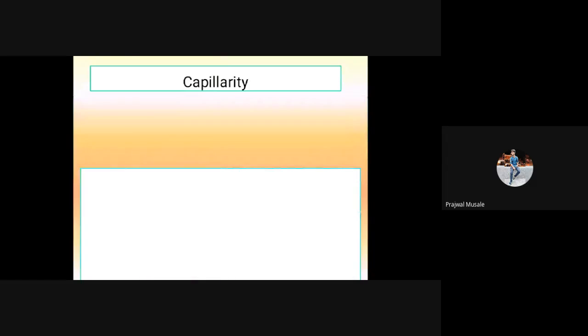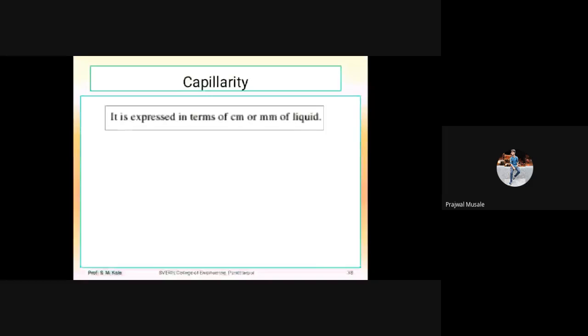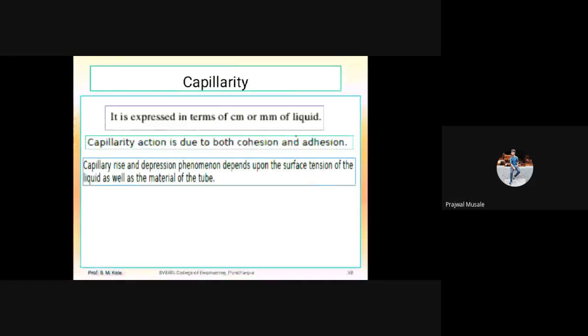And an important thing: whatever capillarity term is there, it will be expressed in units of centimeter of liquid column. As I have mentioned, capillary action occurs mainly because of cohesive as well as adhesive force of attraction.